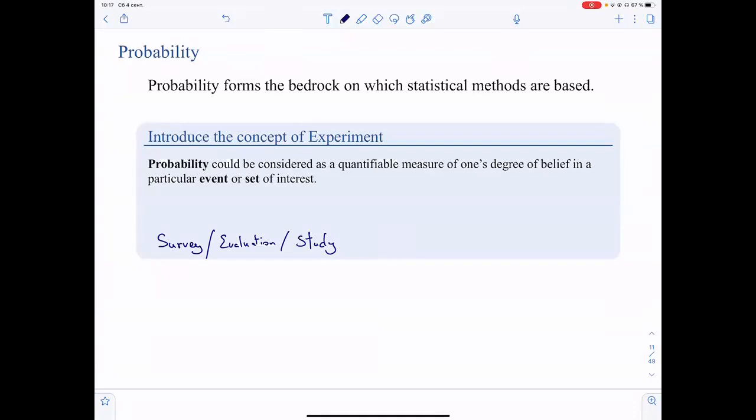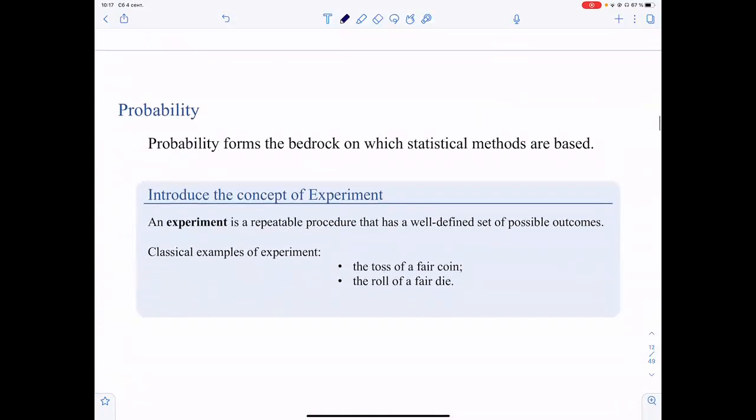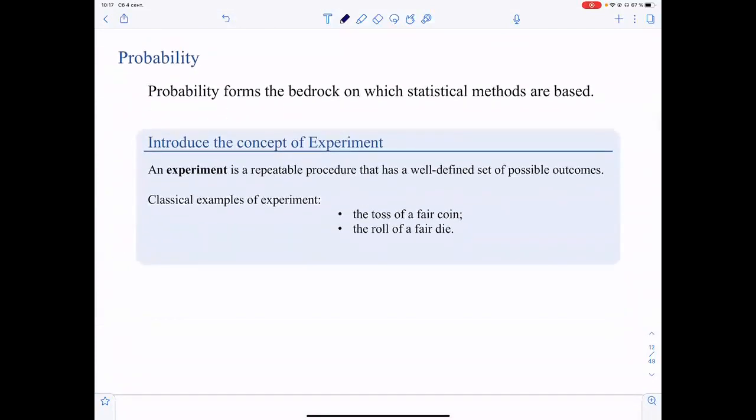The probability concept starts with experiments because we want to be able to repeat any of the procedures in order to recheck the results we got. By running an experiment, we are collecting data.